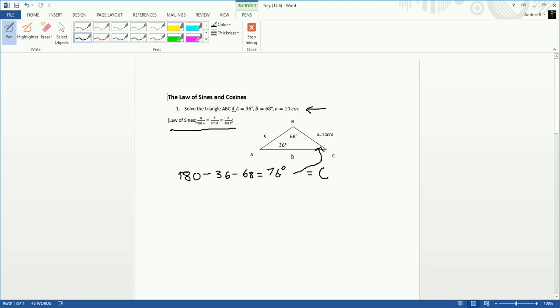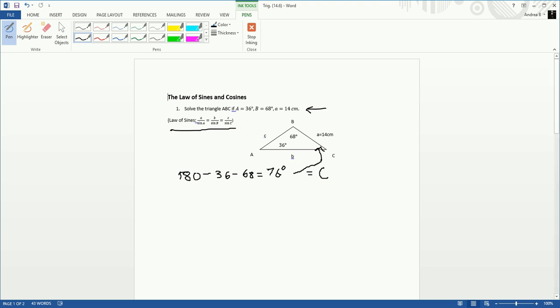And then we have a side C and side B left to figure out. So in order to do those, we will use that law of sines to go through and figure out what those are equal to. So for the first one, let's say that we want to do side C first. It doesn't matter which one you start with.